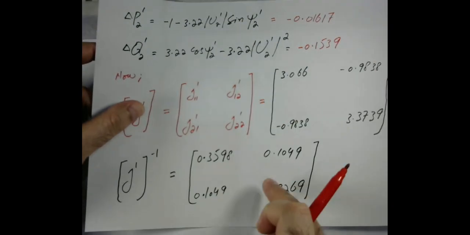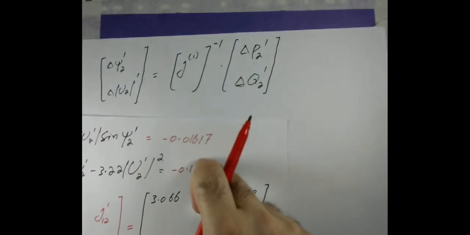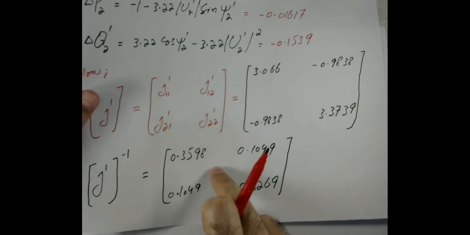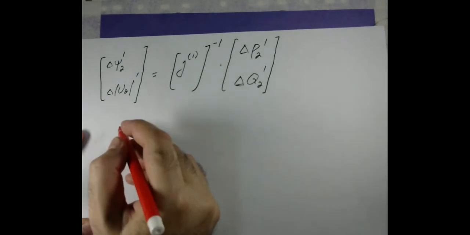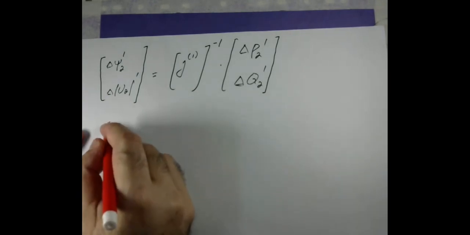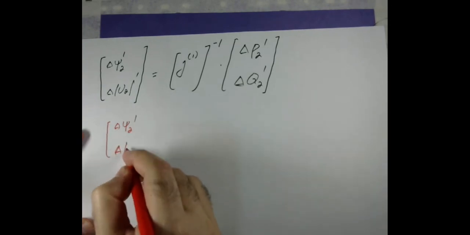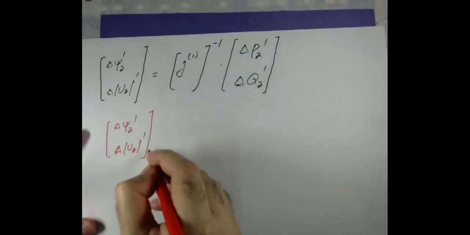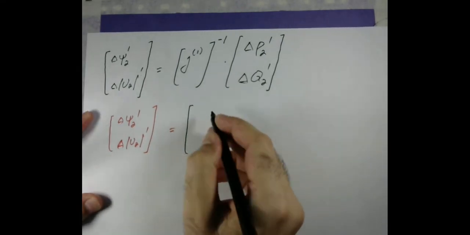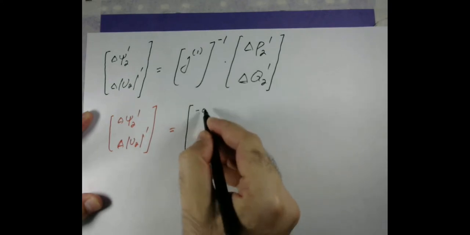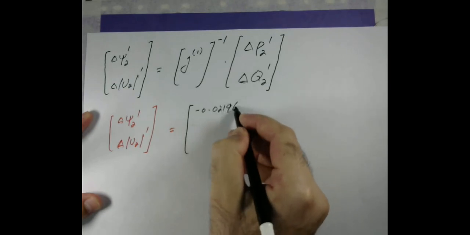Now taking the product of this matrix with these known power mismatches, delta psi 2^1 and delta u2^1 will be equal to minus 0.02196.